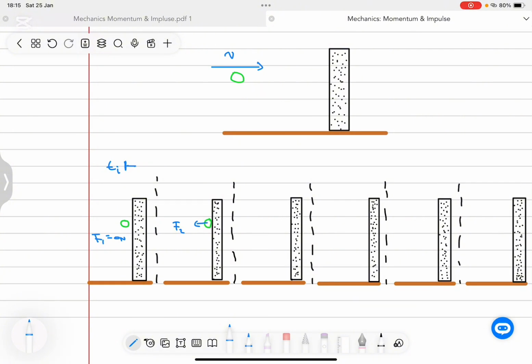And our time, remember that we are measuring, will continue to increase at this stage because we started measuring our time here. So the time will be increasing when the ball continues to collide with the wall and we start seeing a force emerging from 0 to F2.